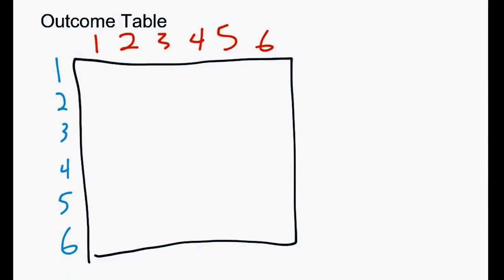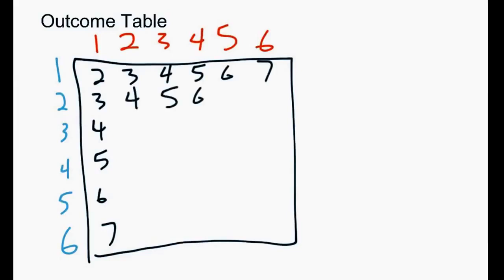If we rolled a 1 and a 1, that would give us a 2, a 2 and a 1 would give us a 3, 3 and 1 would give you 4, and so on. So we could fill out the table and it would give us every possible combination of a dice roll. You can see it just follows a pattern all the way across.